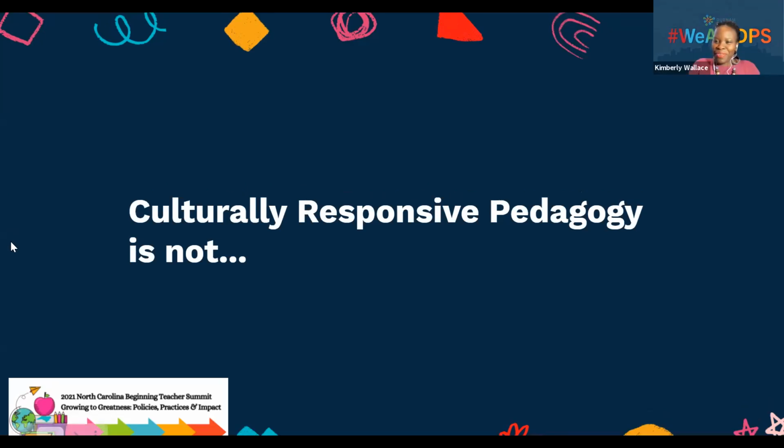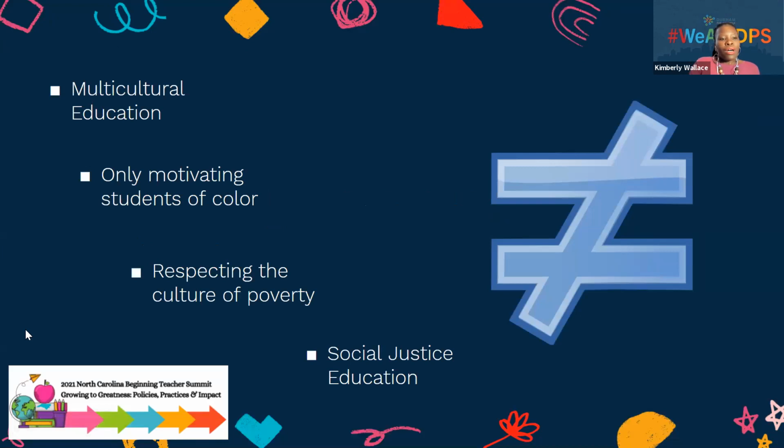Think about the key terms from the definitions that you just wrote, the 3 different definitions that you've read and the commonalities. Now let's talk about the mistakes that we make in defining culturally responsive pedagogy. Number 1, multicultural education.